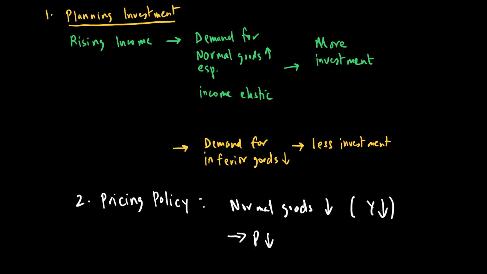I can also remove some of the features from my normal good, make it an inferior substitute, and then lower my price to make the good affordable for consumers who are unable to buy in a recession.